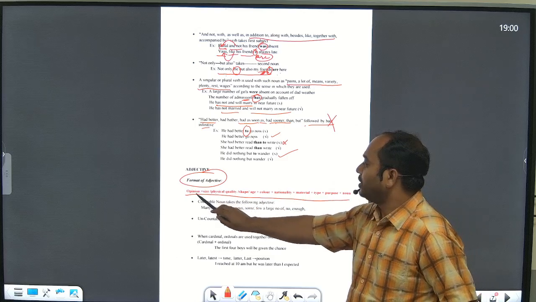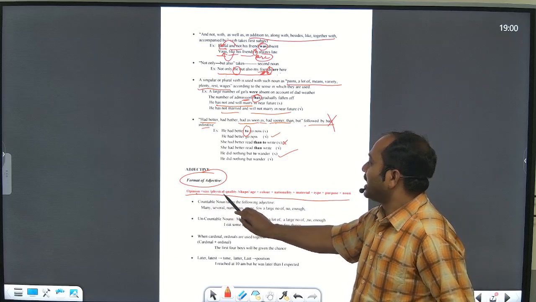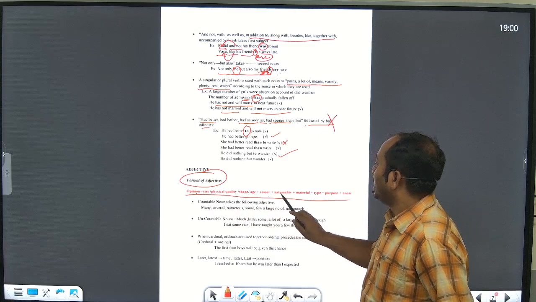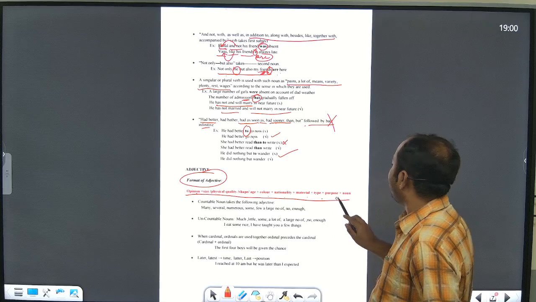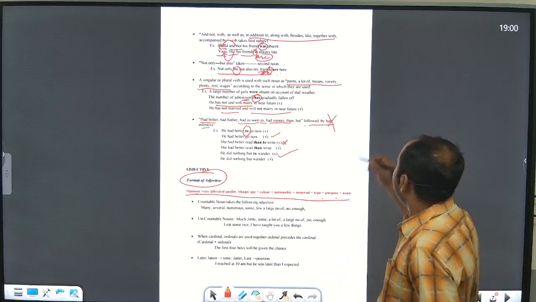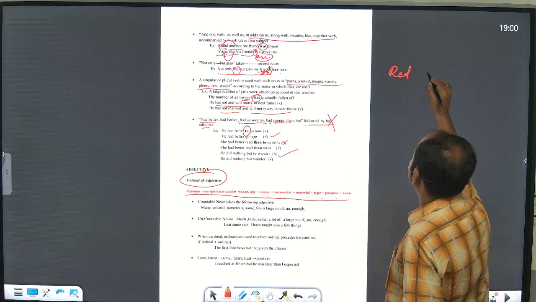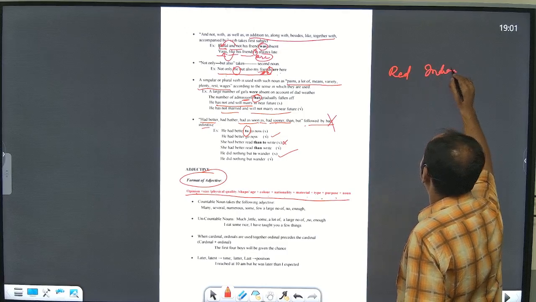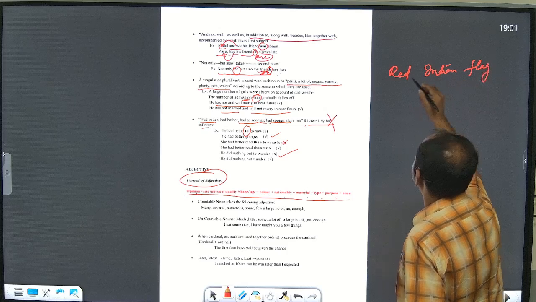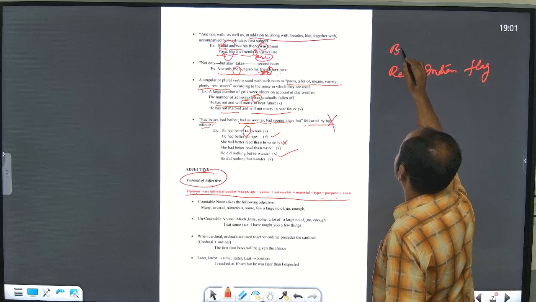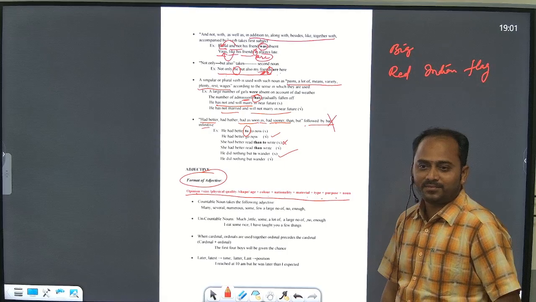First, you should add your opinion, size or physical quality, shape or age, color, nationality, material, type, purpose, noun. Suppose red, Indian, flag, big. These are certain words.